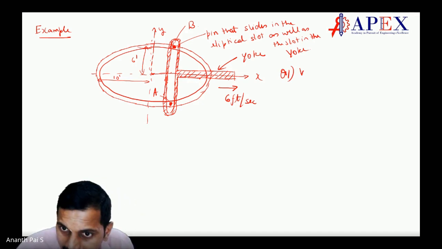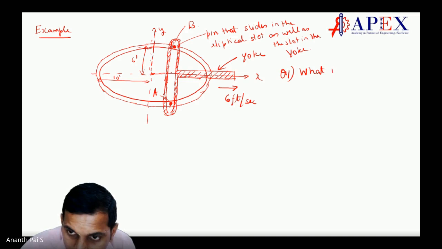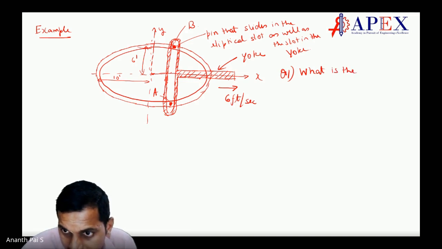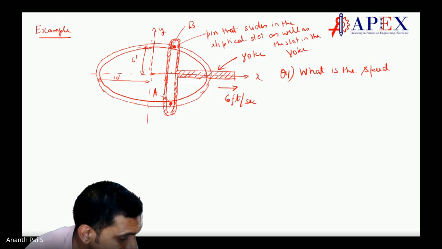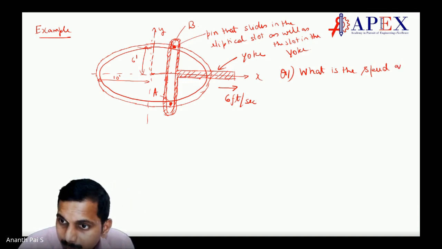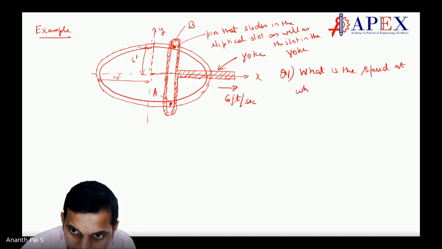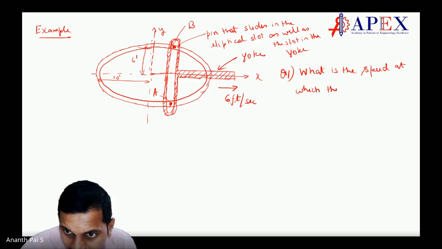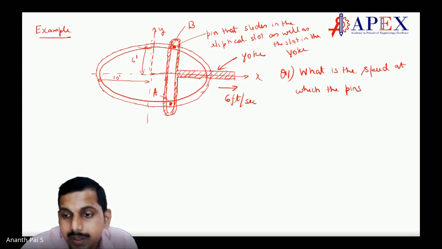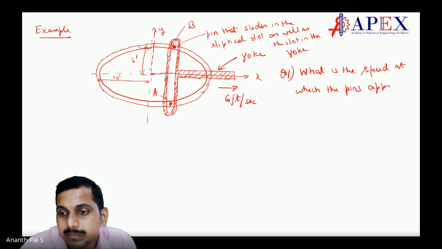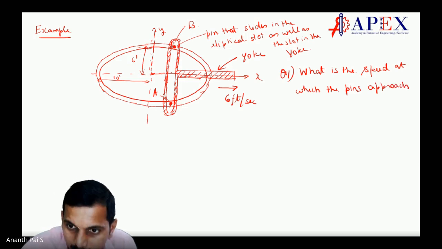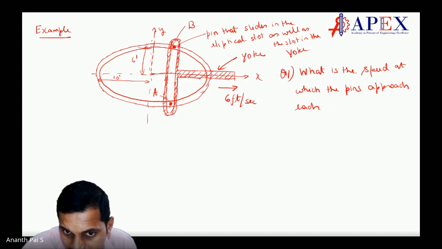What is the speed with which the pins approach each other?